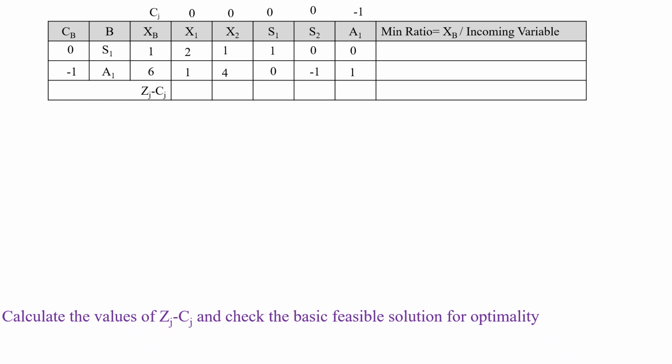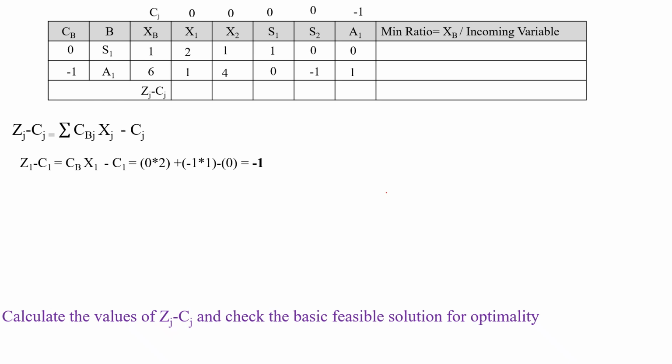So next we have to determine the Zj minus Cj values to check the basic feasible solution for optimality. Zj minus Cj is the summation of the multiplication of CB into Xj minus Cj. First we determine Z1 minus C1 for x1.